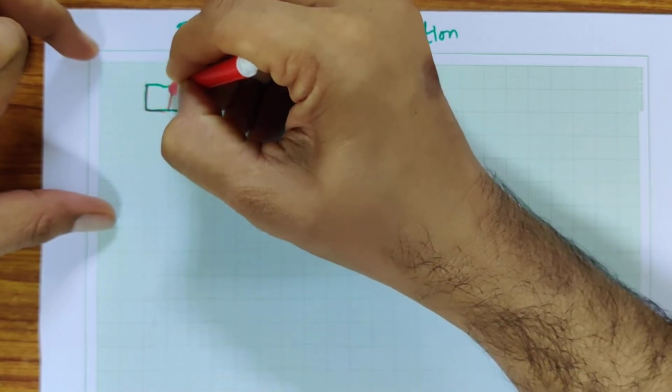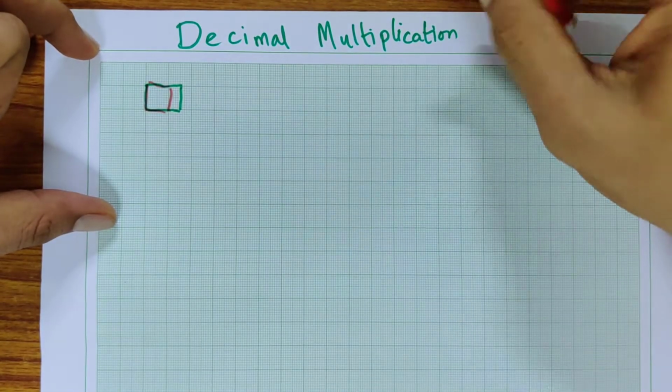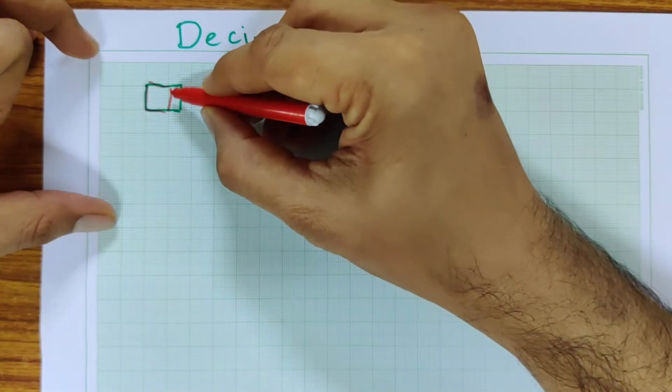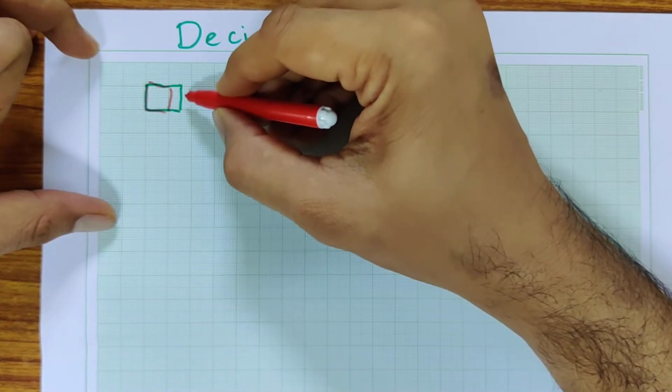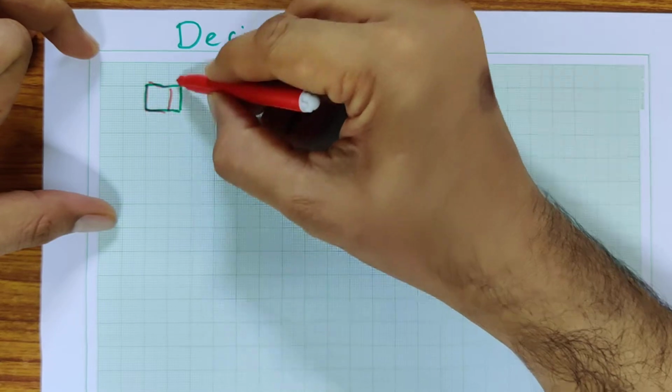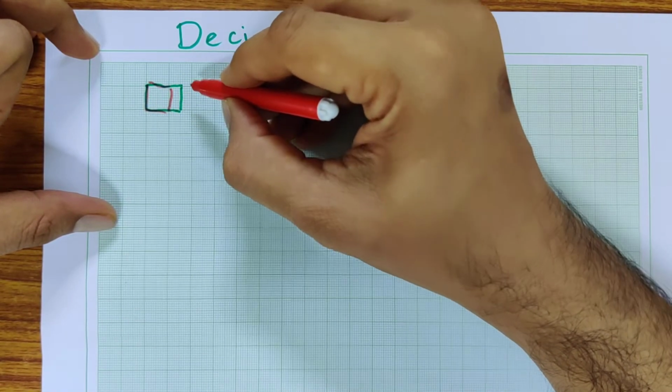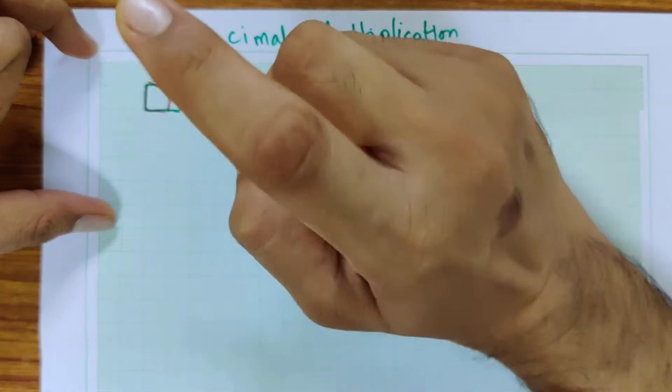One box represents 1. The first decimal place is the rods, equivalent to the tens, and the second decimal place is just a small square.